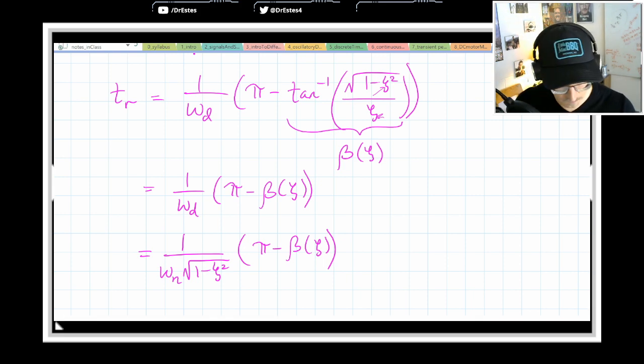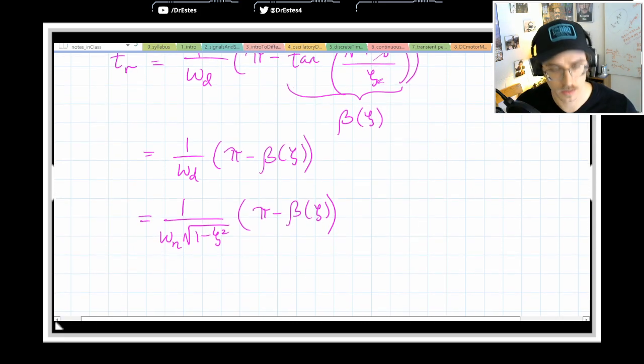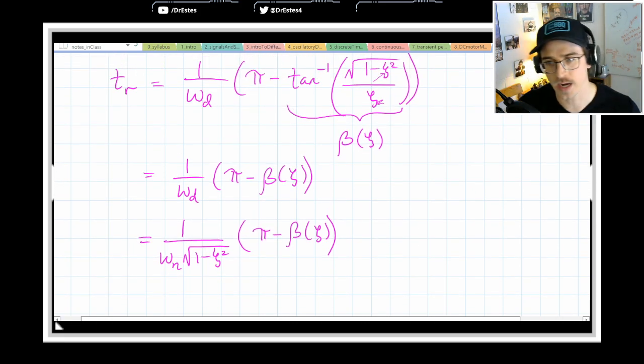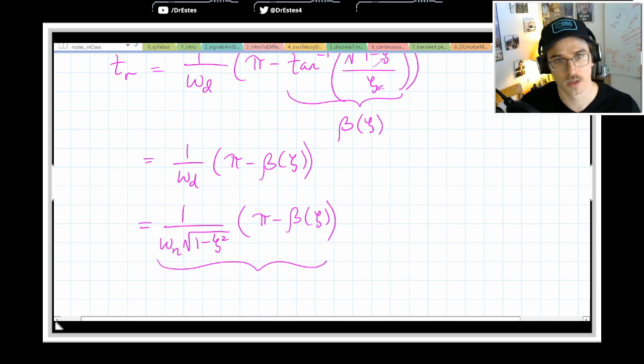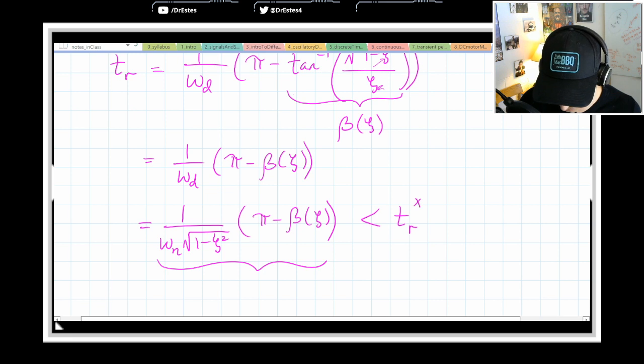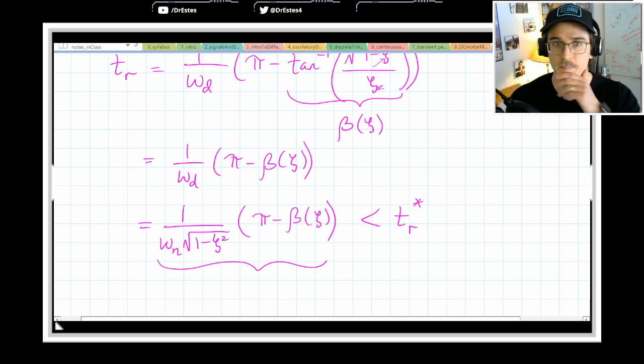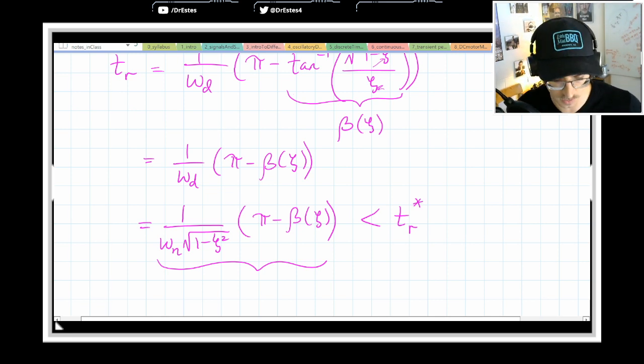All right. So we're saying we want the rise time to be less than something. So that means this expression has to be less than some desired rise time. We'll call it TR star.